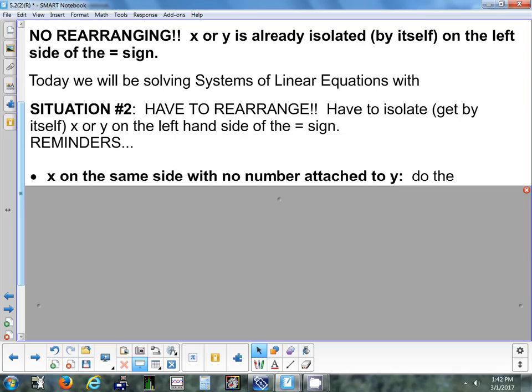It might look something like this: 2x plus y equals 5. X is on the same side as y, but there's no number attached to y. That's one situation we're going to look for to get y by itself so we can substitute. So we're going to take an extra step today. We're going to move some numbers or variables around to get it set up so we can substitute.